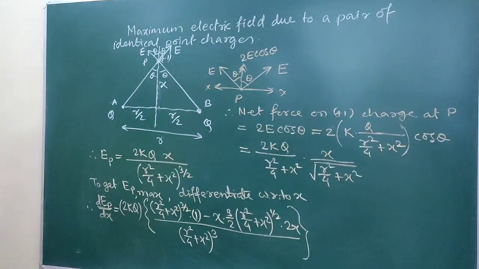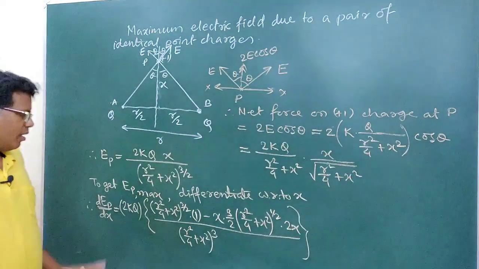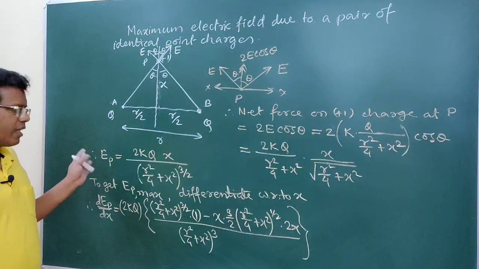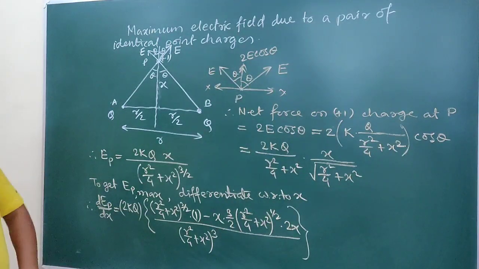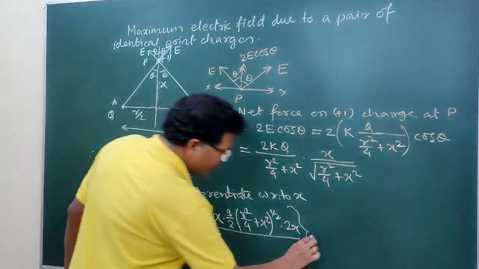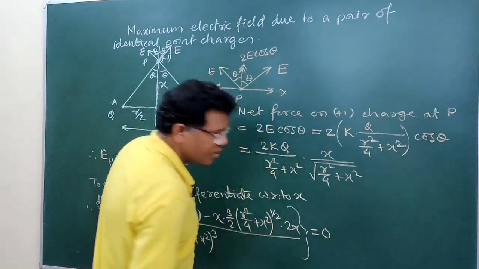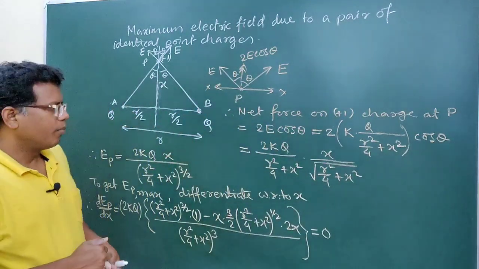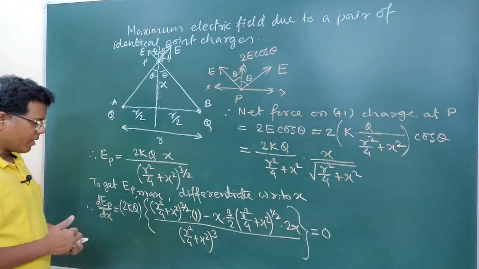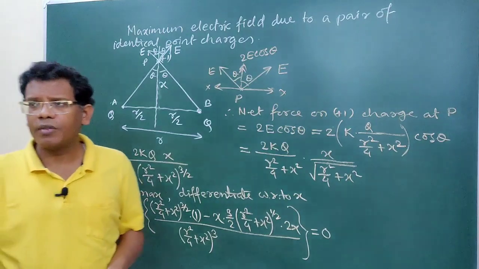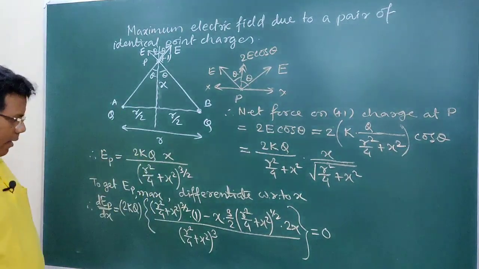So this is the derivative we find, differentiating the electric field expression at P with respect to its variable x. So to get maximum value, this first derivative must be 0, because we know that to get maxima or minima, the first derivative of the function must be 0.